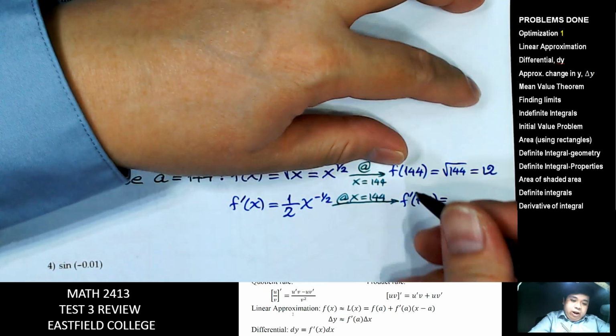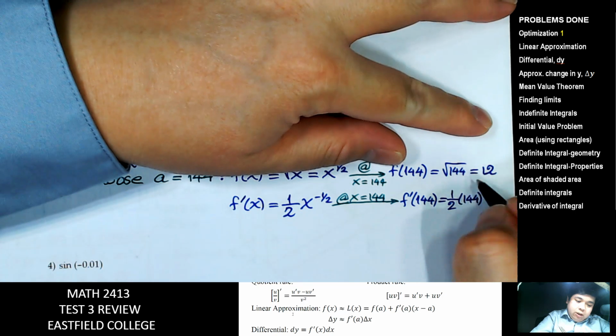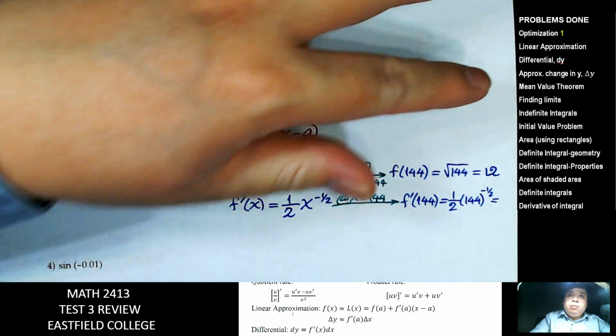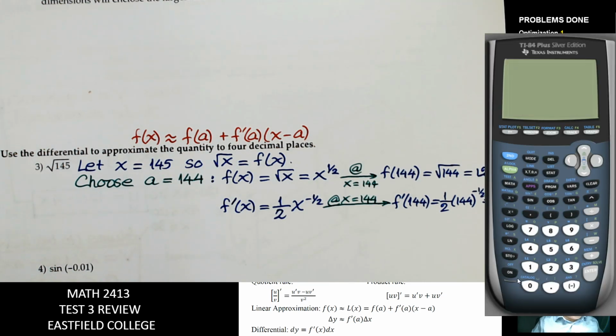So we have 1/2 times 144 to the power of negative 1/2.